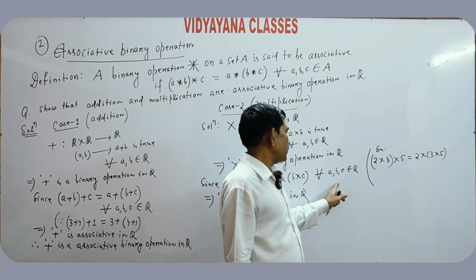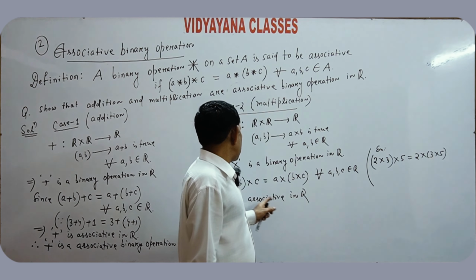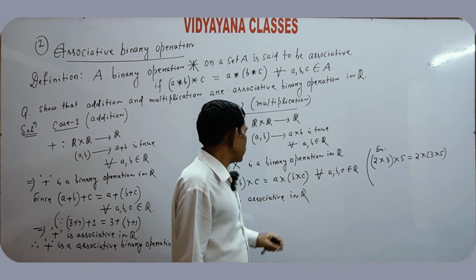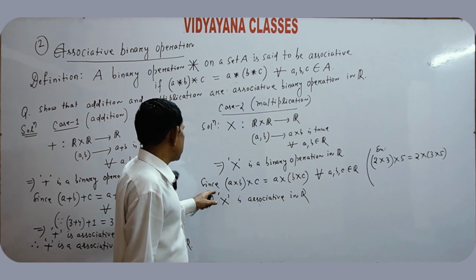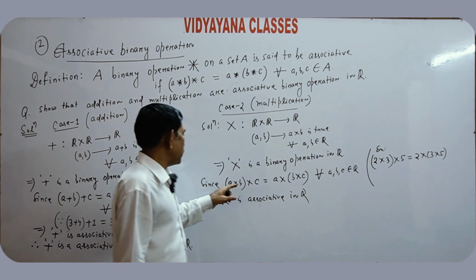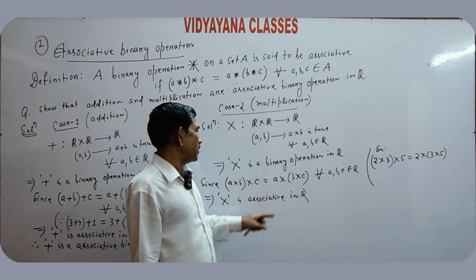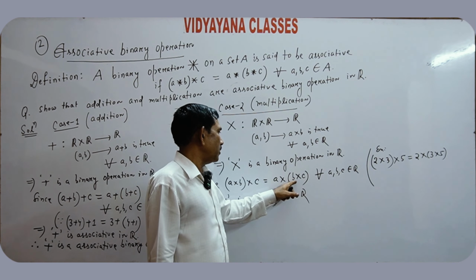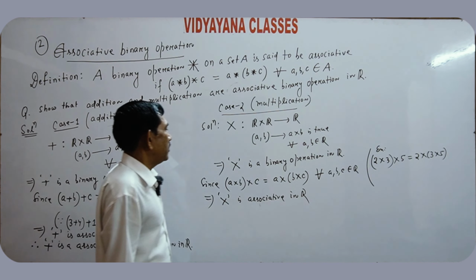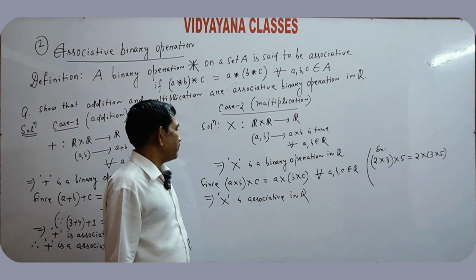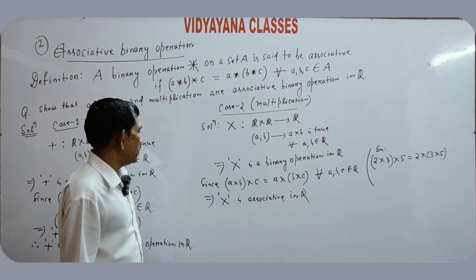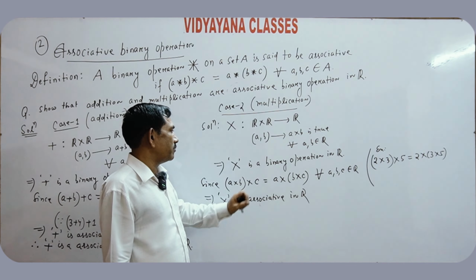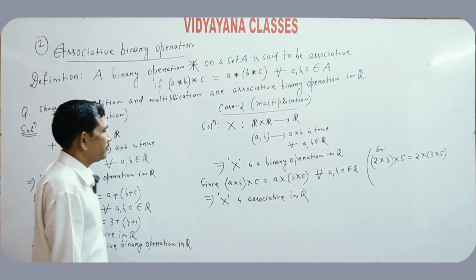For a, b, c belonging to R, it satisfies (a into b) into c is equal to a into (b into c). It is the definition of associative. Multiplication satisfies the definition of associative.